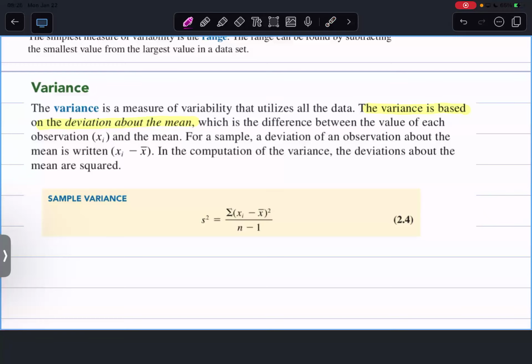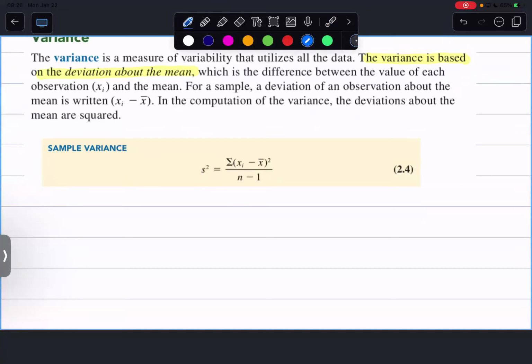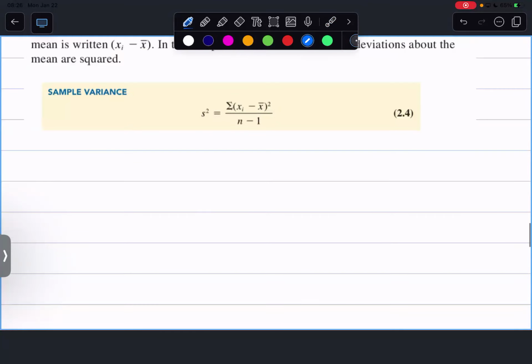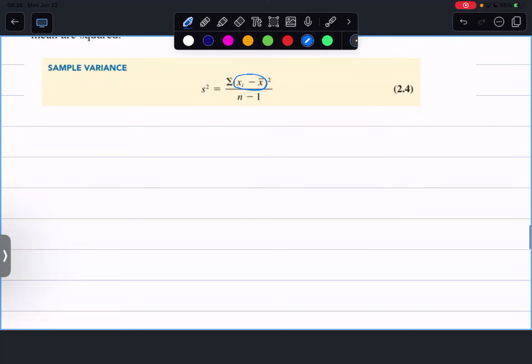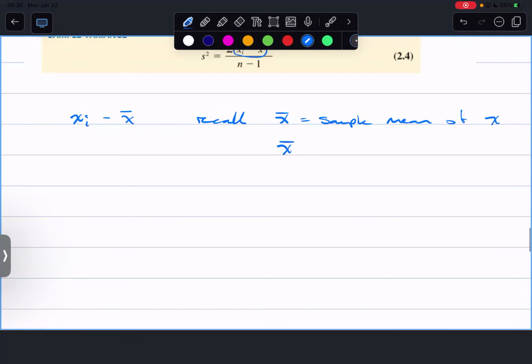Okay? And so these here, xi minus x bar, recall x bar is the sample mean of x. So x bar is the sum of the x's over n.